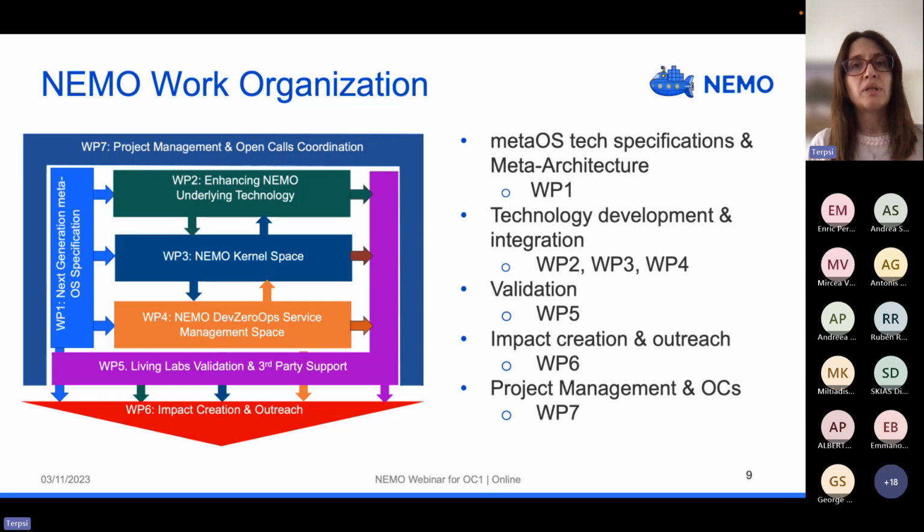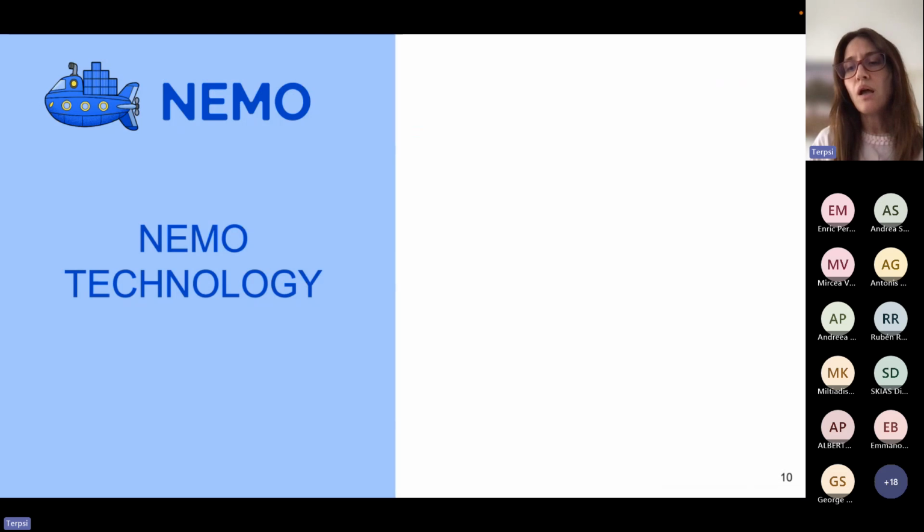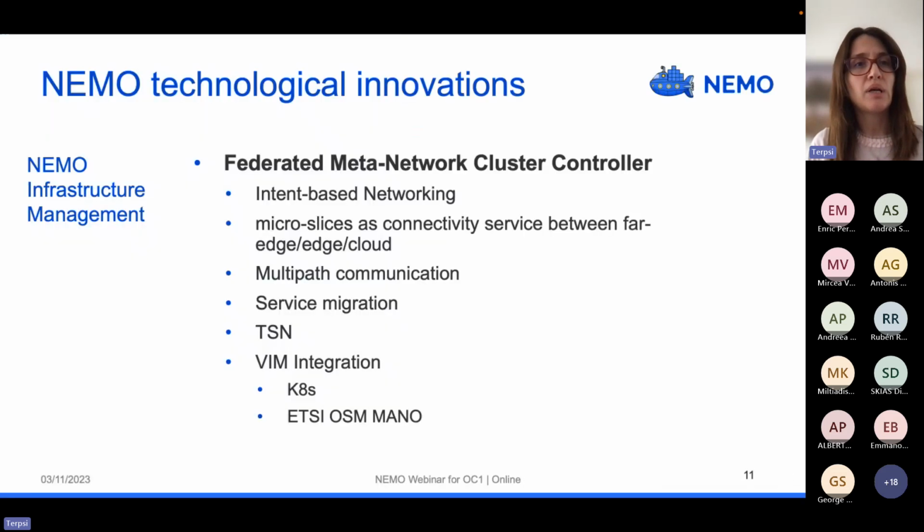The technology development and integration takes place in work packages 2, 3, and 4. Validation in living labs in work package 5, and then we have the impact creation, dissemination, communication, and exploitation activities in work package 6. And last but not least, the management activities for the project and the open calls in work package 7.